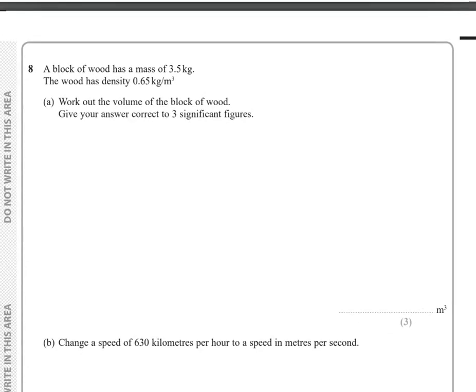A block of wood has mass of this, and the wood has density this. Okay, so density is kilograms per meter cubed. So density is the mass over the volume. So this works a bit like the trig one. We're now trying to work out the volume. So the volume is the mass over the density.